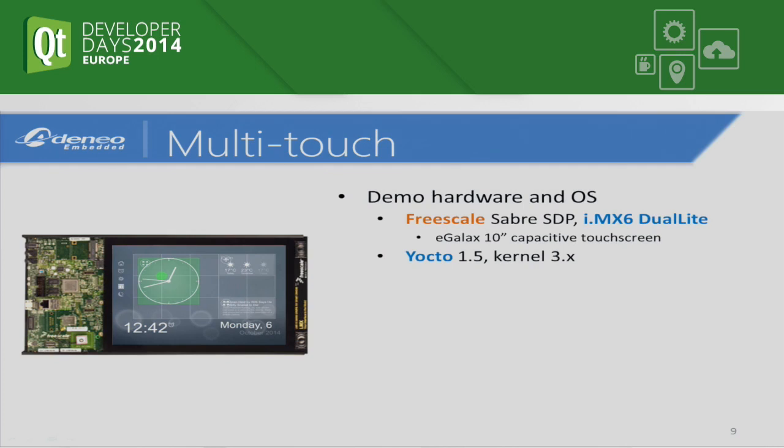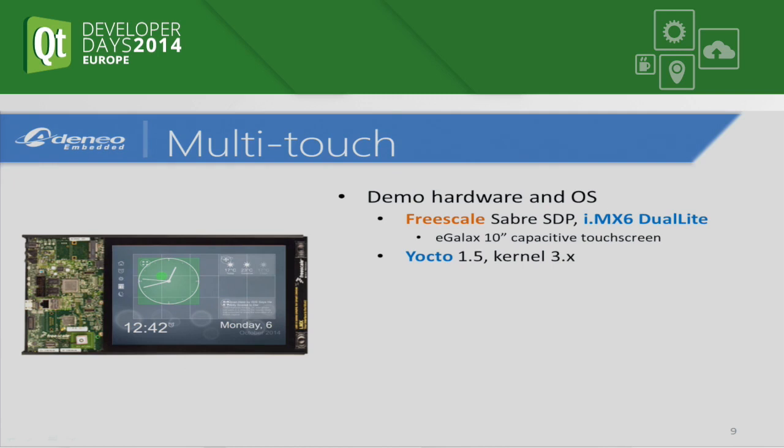In our case, this demonstration is based on a Freescale board, which is a Saber SDP, which has an i.MX6 DualLite, to echo the keynote at the very beginning. The touchscreen is a 10-inch Nexio, just to give some background information, and it's, of course, a capacitive touchscreen.